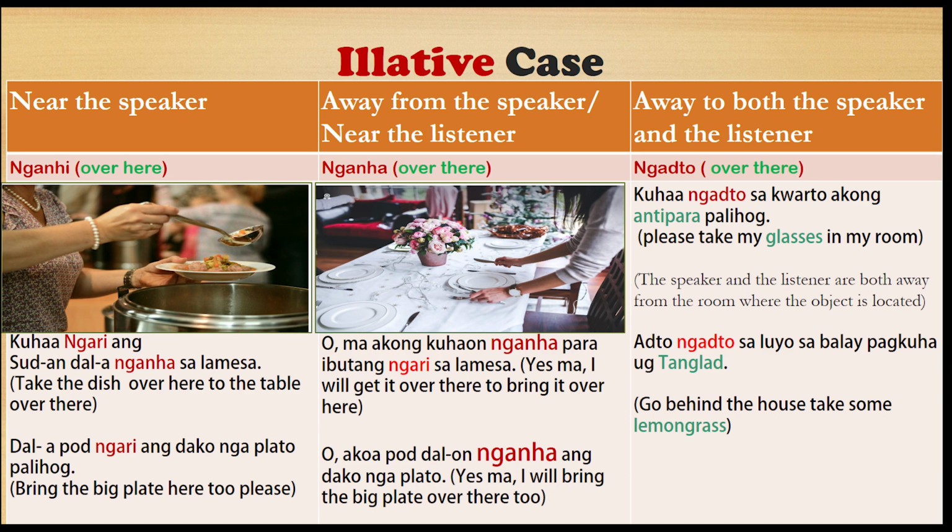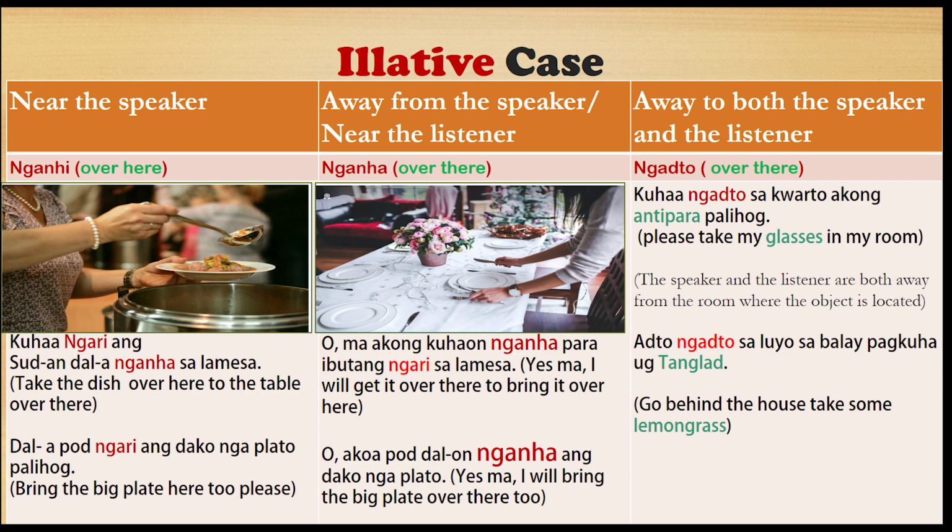Please get my glasses in my room. So the speaker and the listener are both away from the room where the object is located. Maybe they are in the kitchen or they are both in the living room. So she's asking her daughter to take for her her glasses which are located in the room.